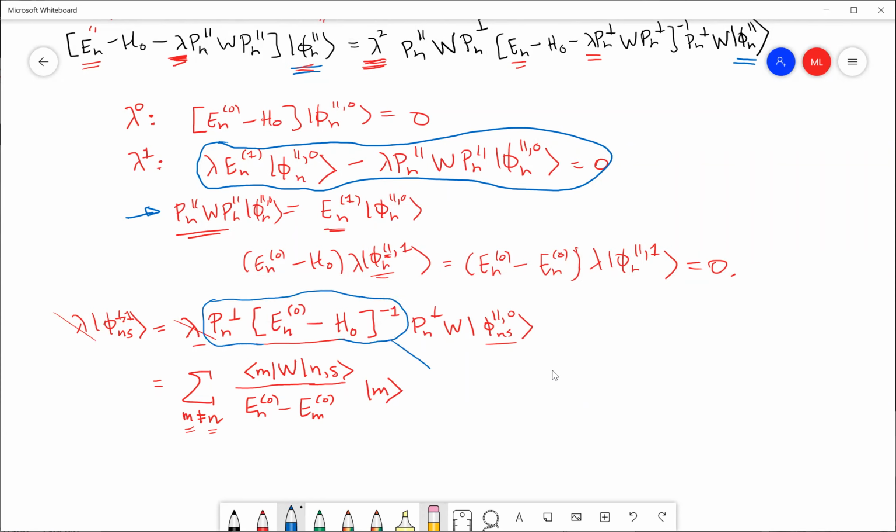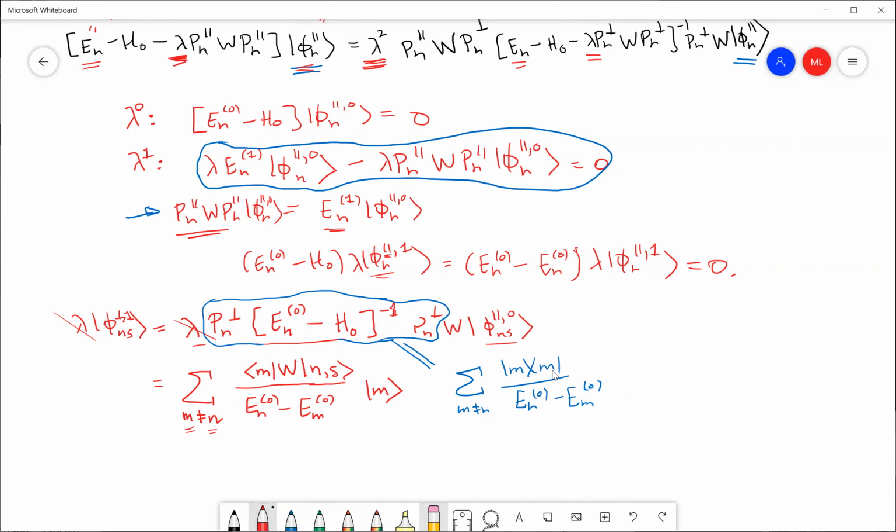This is equal to the sum over m not equal to n of the projections onto those m eigenvectors, over E_n^0 minus E_m^0. Sorry, I should have grabbed this other projection operator here.